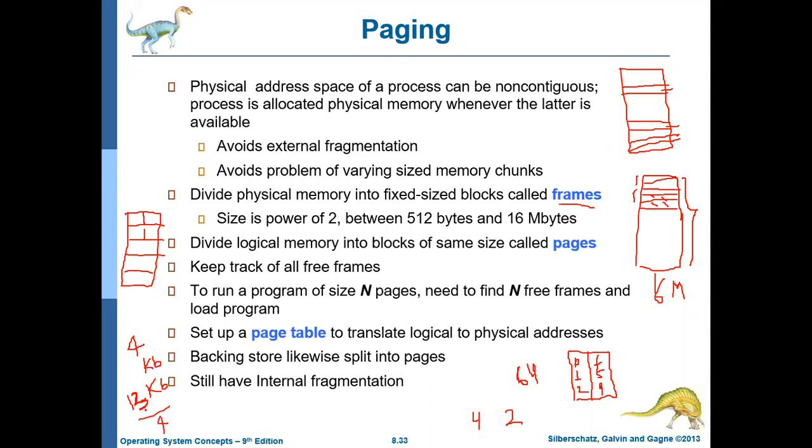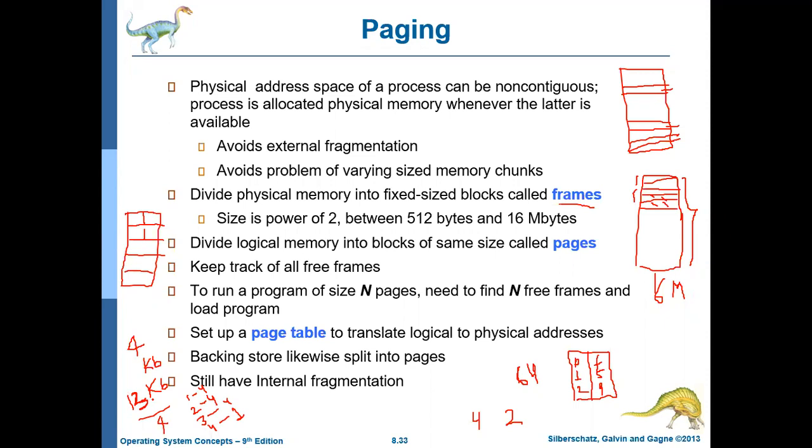If this process needs to be divided into different pages, then how many pages will there be? 4 pages. 1, 2, 3, 4. 4 KB will be used here, 4 KB here, 4 KB here, but here only 1 KB will be utilized. 3 KB space will be free in this particular page because this process is only 13 KB.